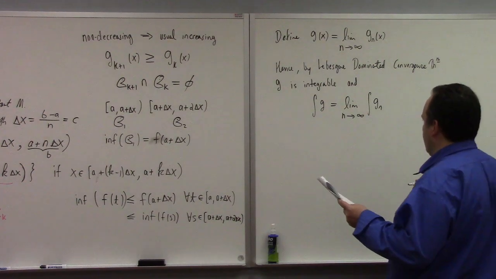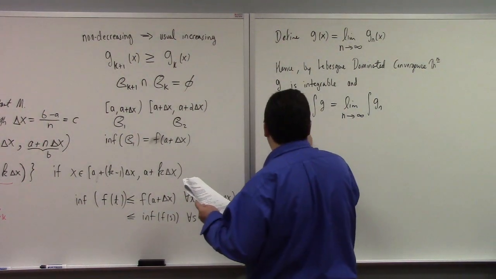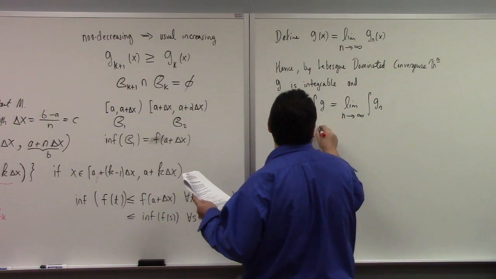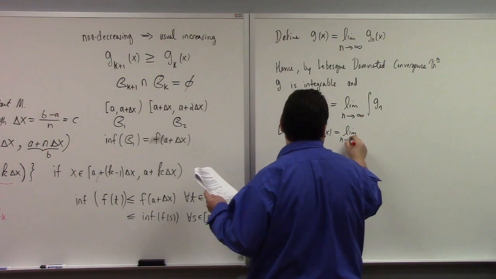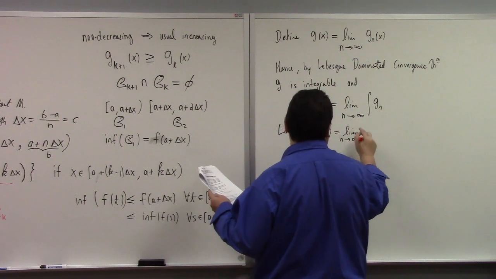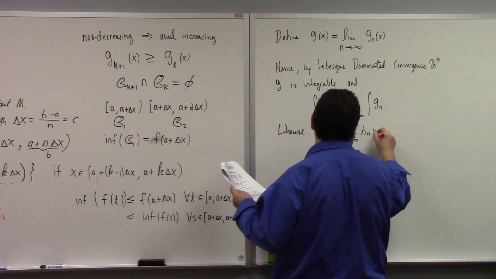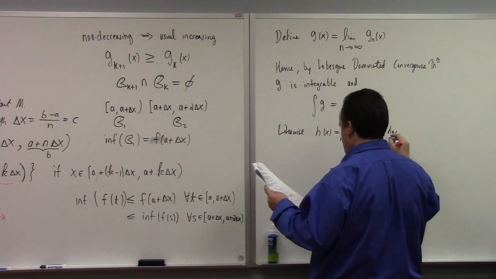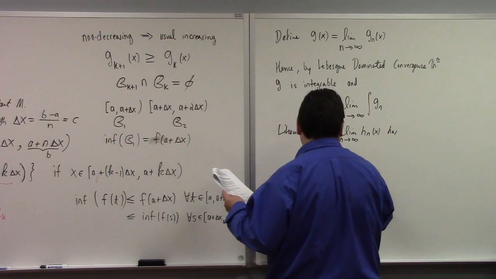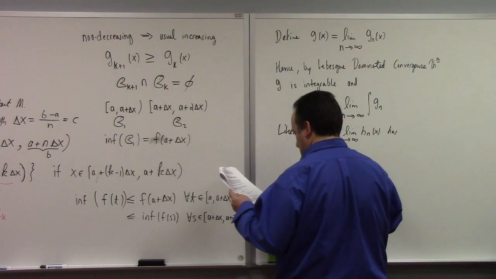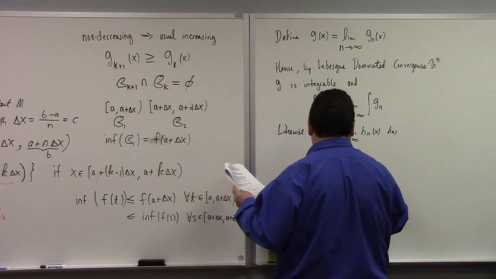And likewise, h of x equals the limit as n goes to infinity of hn of x. It's also Lebesgue integrable, and the integral of h is also equal to the limit of the integrals of the step functions that are composing h. Right?